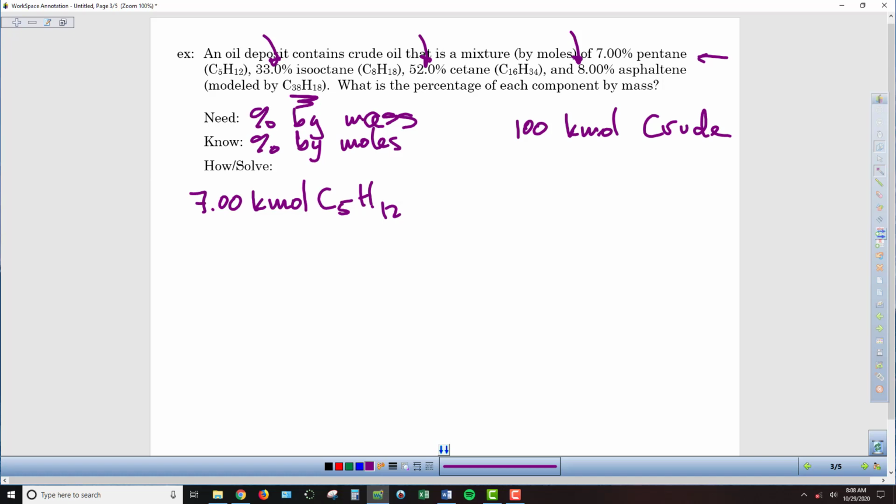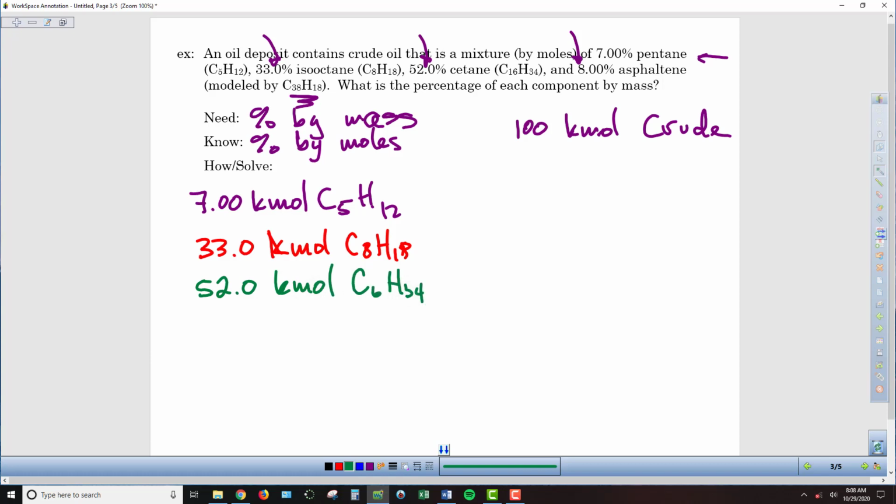We also know that we've got 33 kilomoles of the isooctane, 52 kilomoles of the cetane, and then we've got 8%, so 8 kilomoles of the asphaltenes. The C38H18 we'll use to model that.